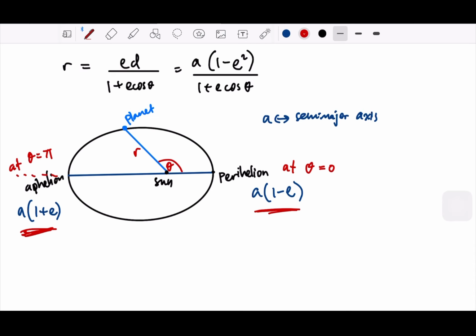And we know that this 1 minus e squared can be factorized, becomes this. Depending on whether the cosine is positive or negative, we will know that it will be 1 minus e, like this perihelion, or 1 plus e, this aphelion. It depends on how theta is moving.